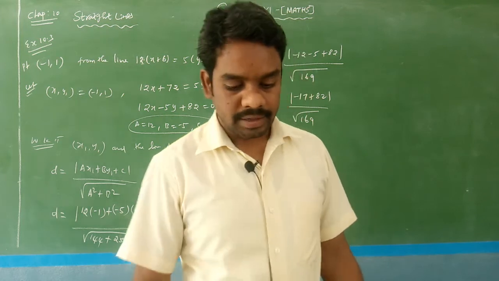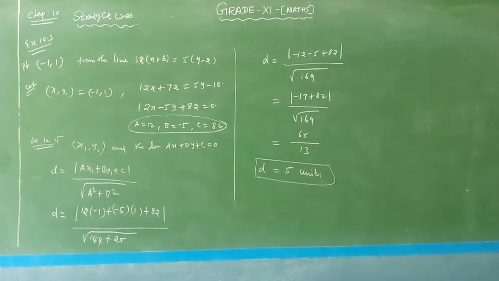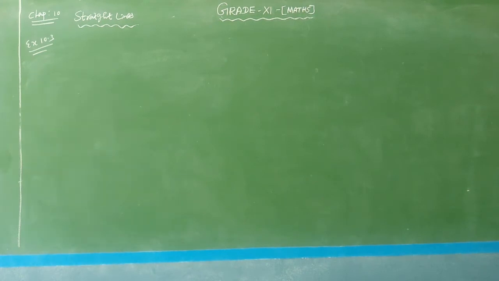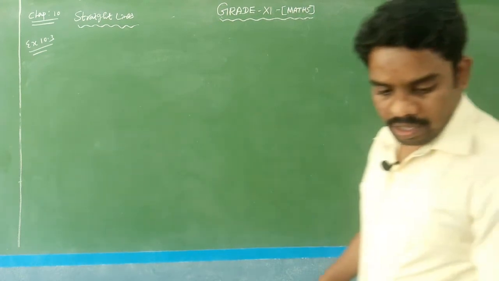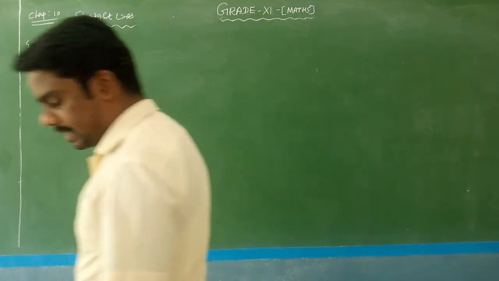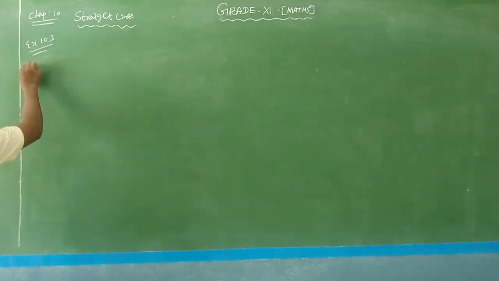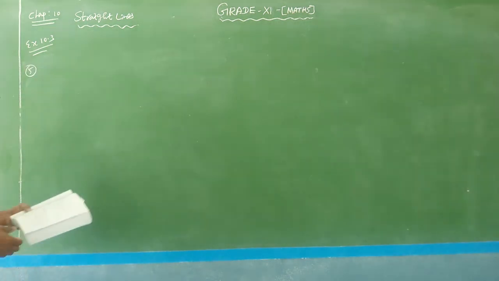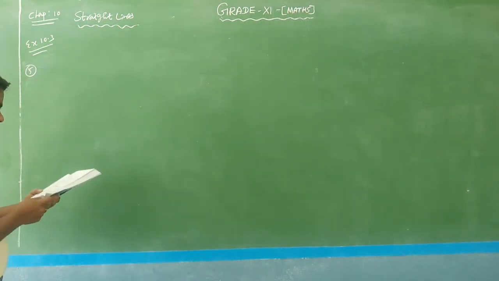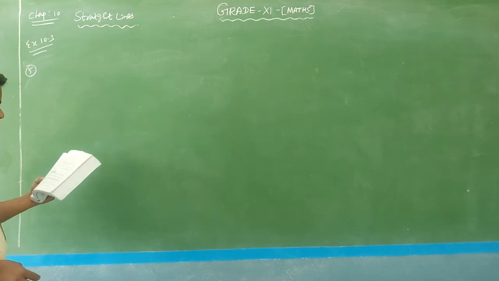Okay, right. Next, question number 5. Find the points on the x-axis whose distance from the line x/3 + y/4 = 1 is 4 units.